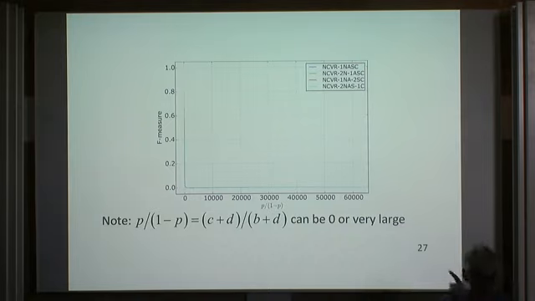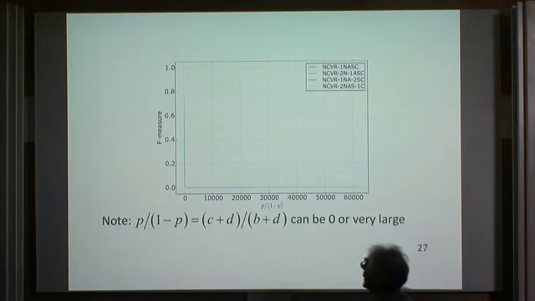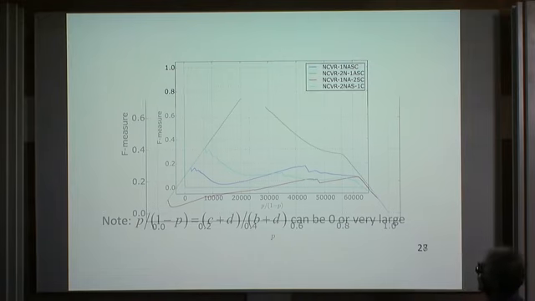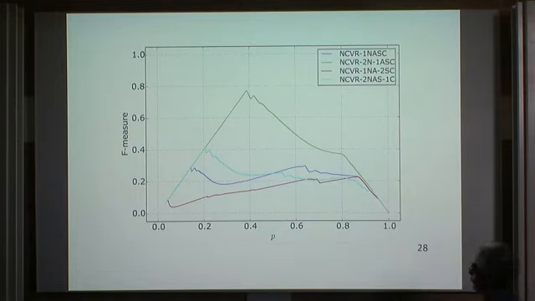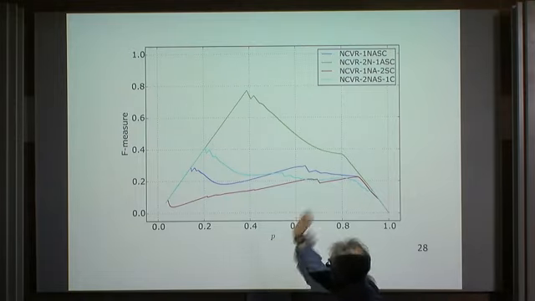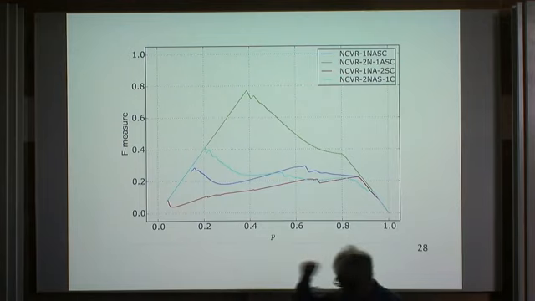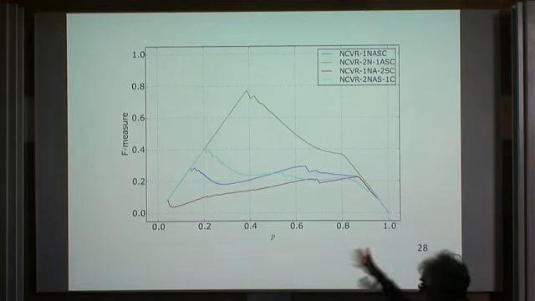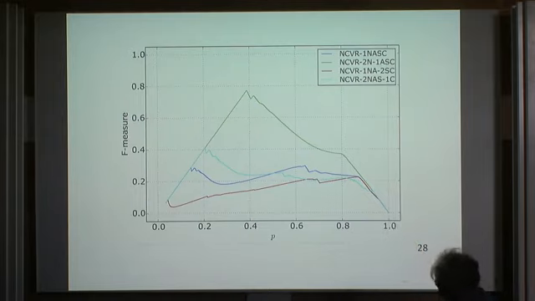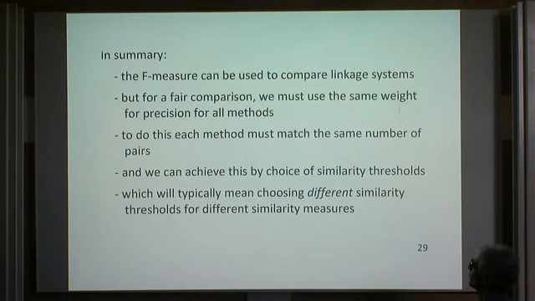Totally bizarre. Peter's going to tell you why this is. Totally bizarre, but then we get a relatively sensible plot if we plot P here. And again, the same interpretation. P is the weight that you want to put on precision, and you can choose whatever weight you want and then decide which method, in terms of the F measure, is the better linkage method.